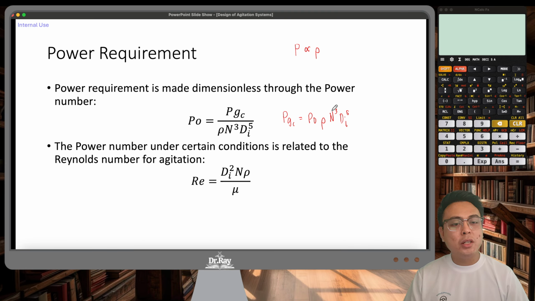Next parameter is impeller speed. Power is shown here to be directly proportional to the impeller speed raised to the third power. So the faster you want the impeller to spin, the more power you would consume. Same thing with your other impeller-based appliances, say for example an electric fan.